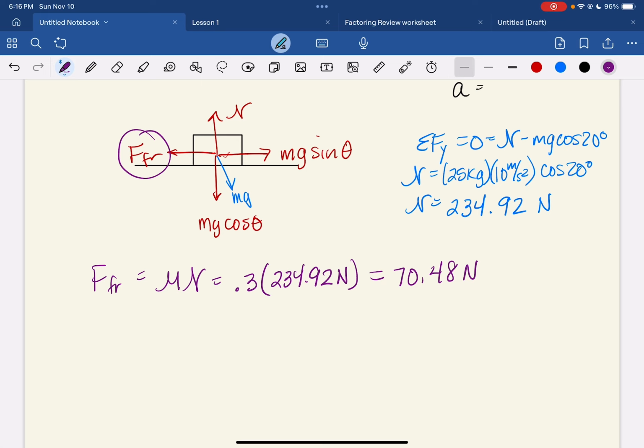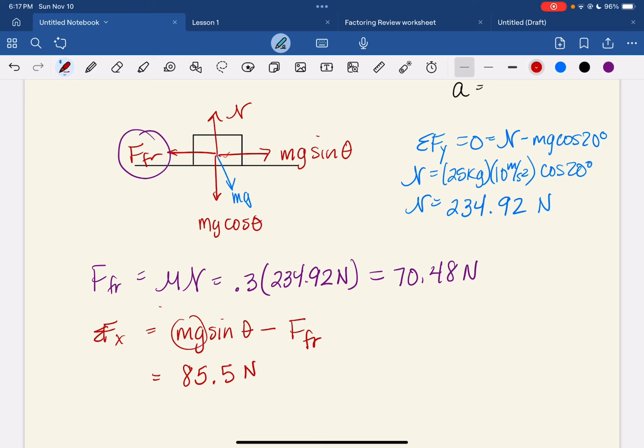All right, so now what I'm going to do is look at the forces in the x direction. So in the x direction, I have mg sine theta minus force of friction. So 250 sine 20 is 85.5 roughly.